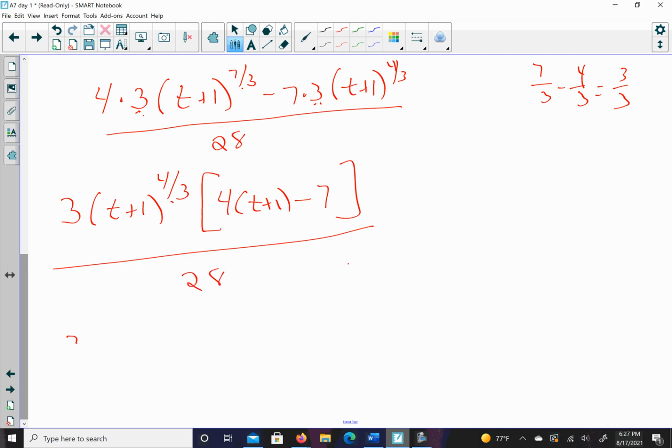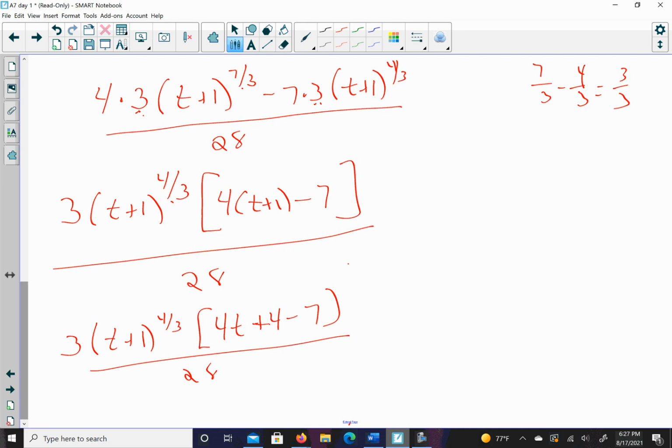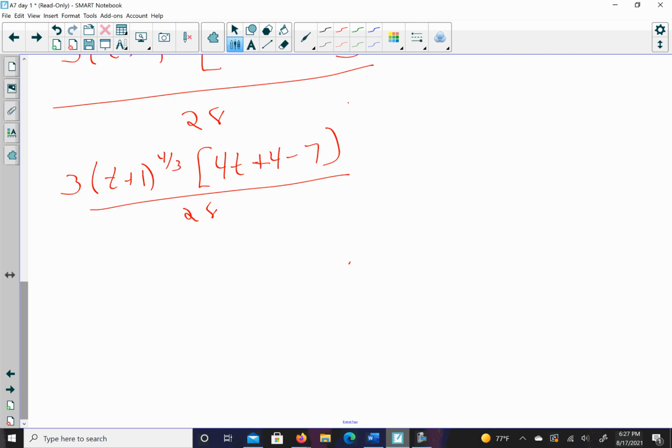So I'm going to have 3 times t plus 1 to the 4/3, and then here I'm going to have 4t plus 4 minus 7, all over 28. If I rewrite that, I'm going to have 3 times t plus 1 to the 4/3 times 4t minus 3, all over 28.